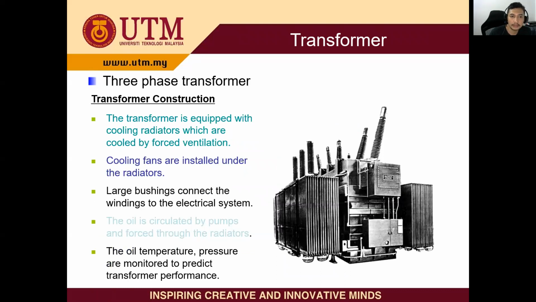The second is a cooling fan. The same as the oil base, the ends of the transformer are connected to the bushing. The upper one is what is called the bushing.